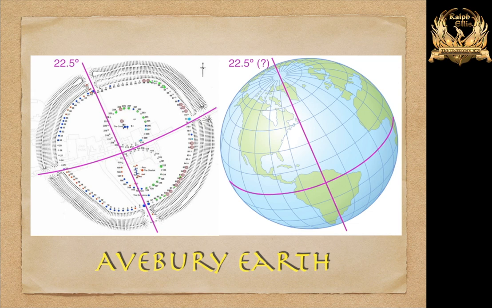It looks to me as if Avebury is an image of the Earth floating in space, which is interesting because it means that ancient man must have known the form and shape of the Earth and its angle of inclination, its obliquity angle. And of course that angle that is drawn here is well within the limits of the Earth's obliquity. We saw it went from about 22 degrees up to 24.5 degrees. So this angle is well within the limits of the Earth's tilt angle of its axis.